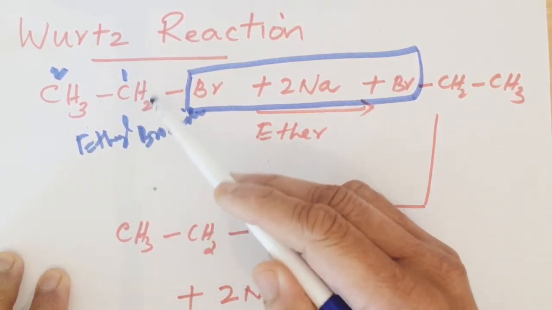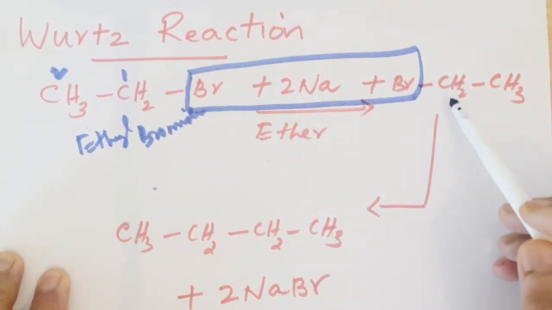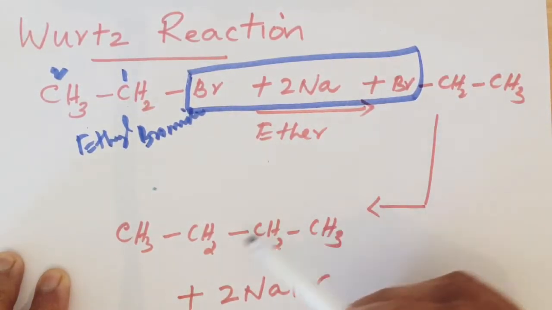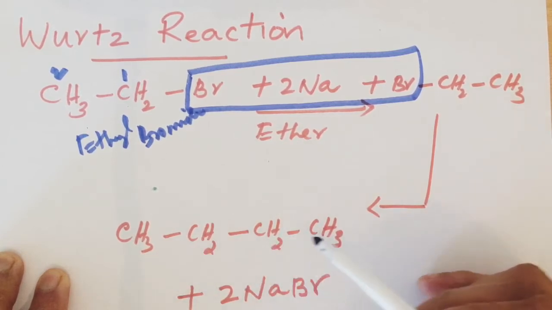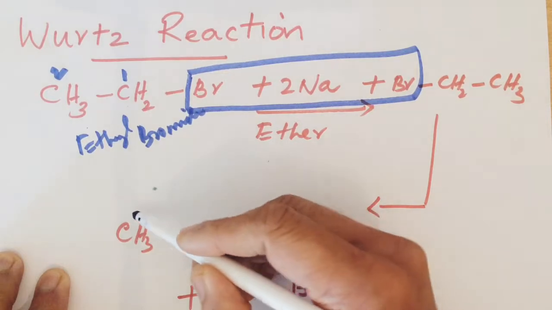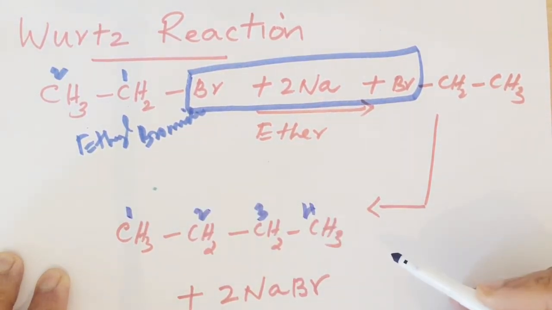The remaining portion is a CH3CH2 group. This group is called ethyl group, and that group is combined with the other ethyl group and results in the formation of CH3CH2CH2CH3. So it contains 1, 2, 3, 4 carbon atoms.